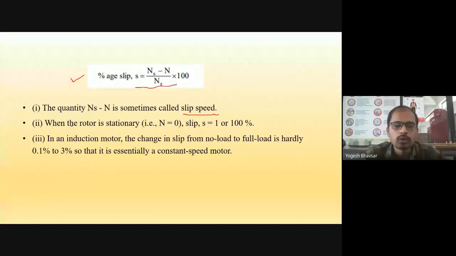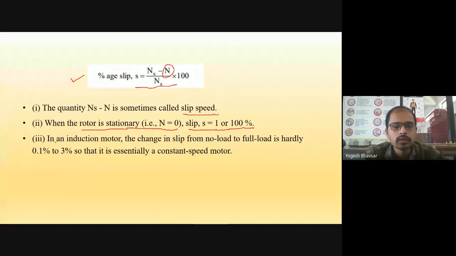But when the rotor is stationary, that is the speed is 0, then slip will be 1 or 100%. You can observe that whenever the speed is 0, N is equal to 0, put here. So S is equal to Ns by Ns, so it will be 1. So slip will be 1 or 100%. This is the maximum value of slip.